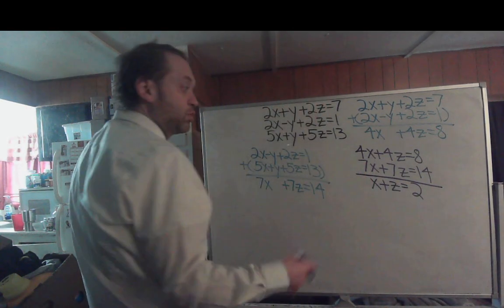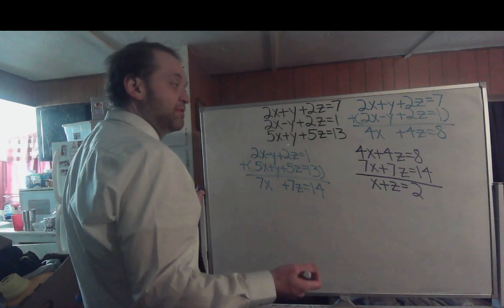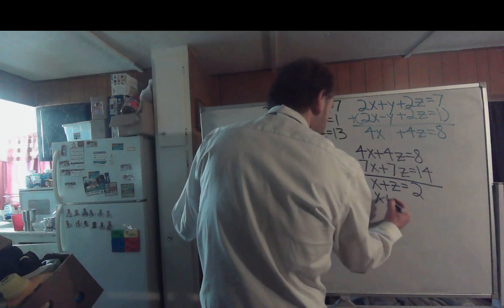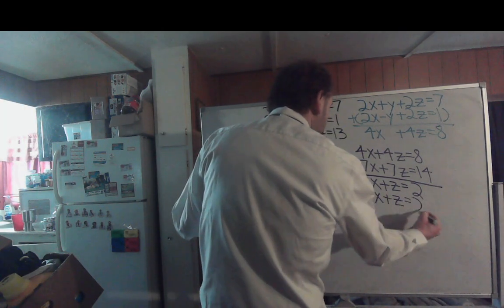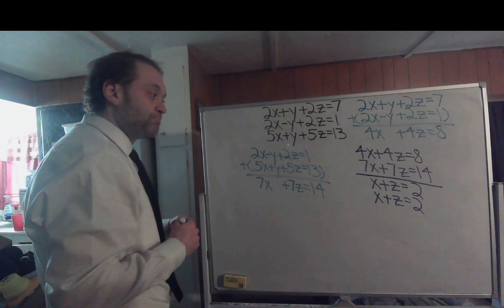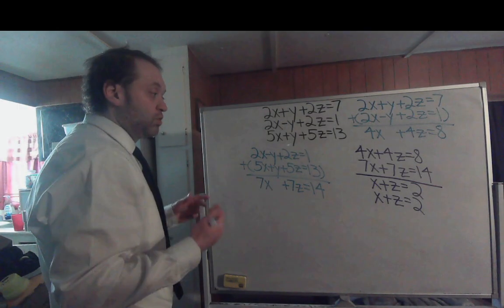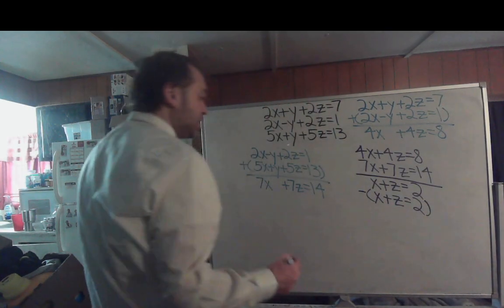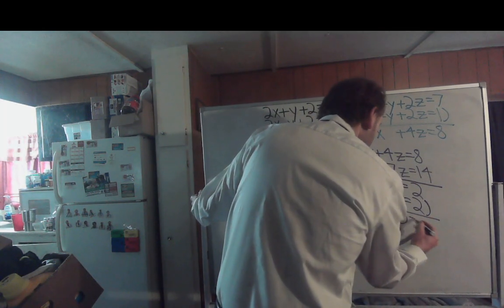And then the second equation, everything has a common factor of 7. You can divide everything by 7, giving you x plus z equals 2. You have two equations of the same thing. So when you go to subtract the second equation from the first, what are you going to get? You'll end up with 0 equals 0.